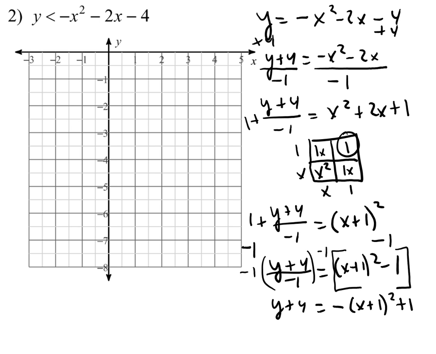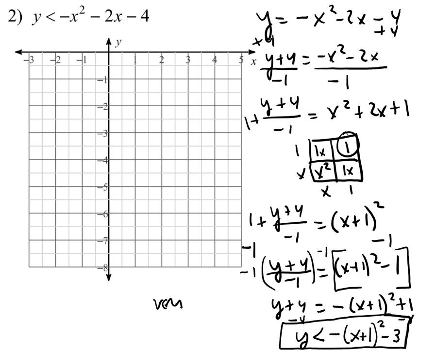And then the last thing we want to do is subtract 4 from this side, subtract 4 from this side. So then we get y, and then I'm going to change the equals back to less than, and then we have minus (x plus 1) squared, and then positive 1 minus 4 is minus 3. So this is my graphing form of the equation.